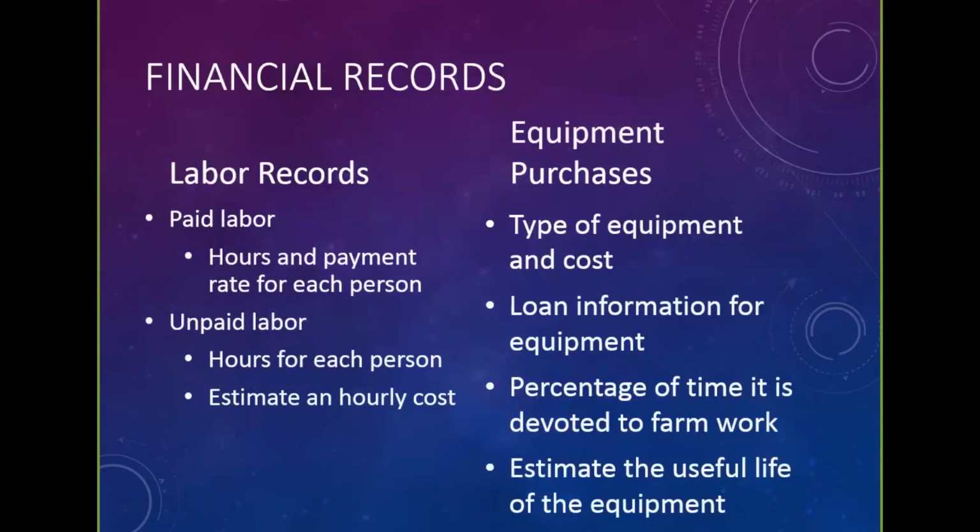And then keep track of your labor. You have paid labor. It could be the hours, the payment rate for each person. You could have unpaid labor. You should estimate an hourly cost for that. Should you have to go out and replace that person and hire someone, you know what kind of impact that would have on your business. If you trade someone fish or oysters for work, that is still a cost that you should keep track of.